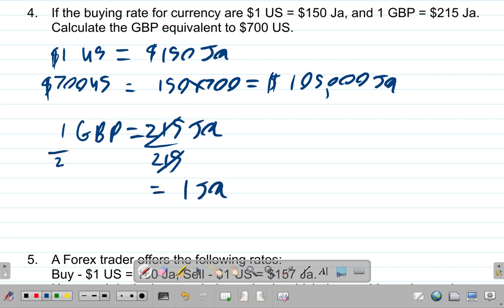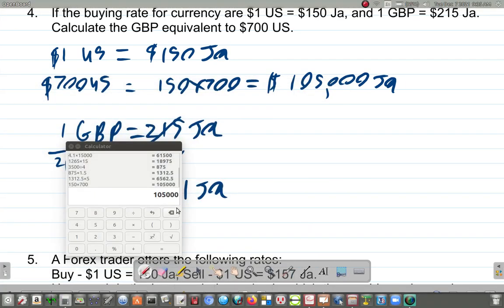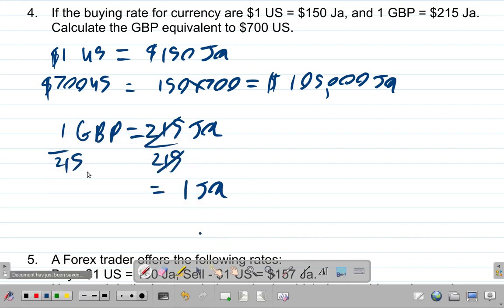When you divide this by 215, this gives you 1 over 215, which is equal to what? 1 divided by 215. Let's give it as 1 over 215, because this is a very long number. That is equal to 1 divided by 215 GBP.